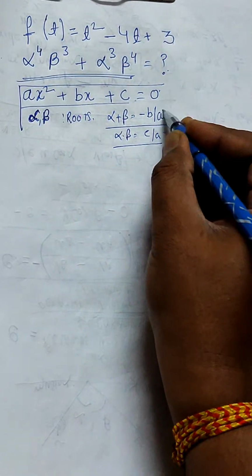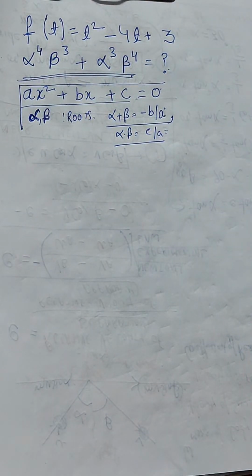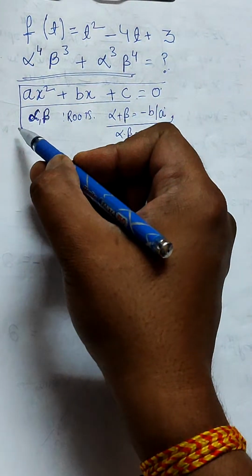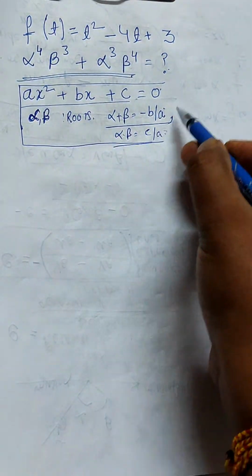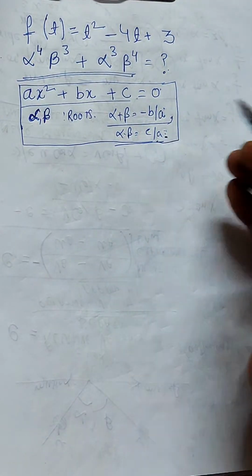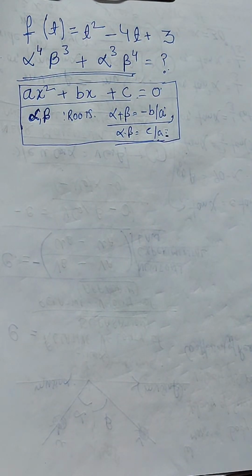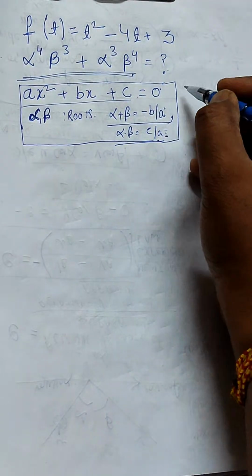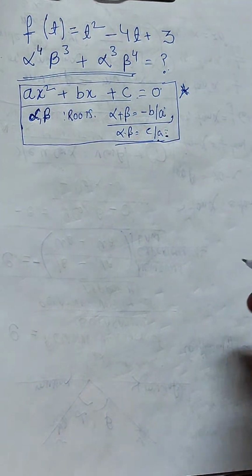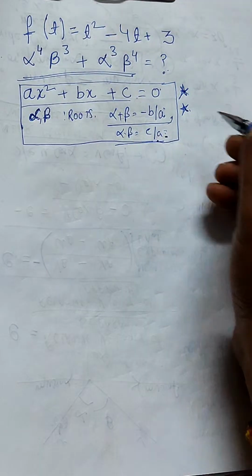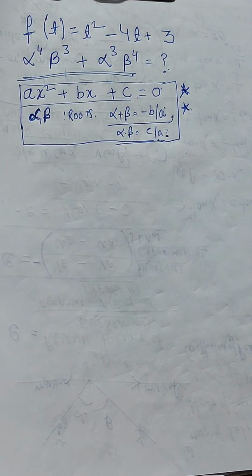So these are the two values which we know. Now we will use the same in evaluation of the above question. This is the main thing which you need to understand and remember, right?